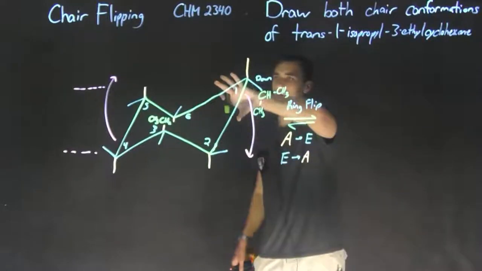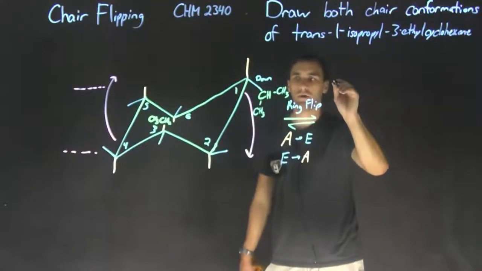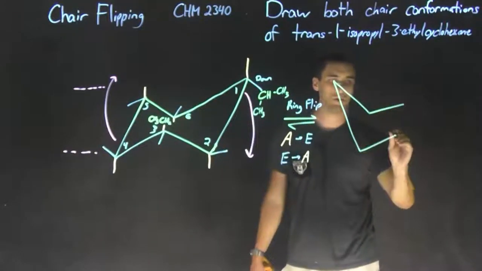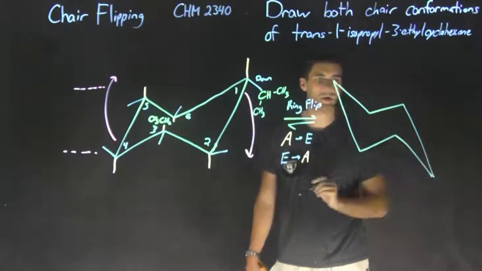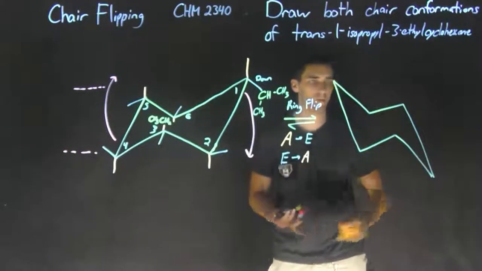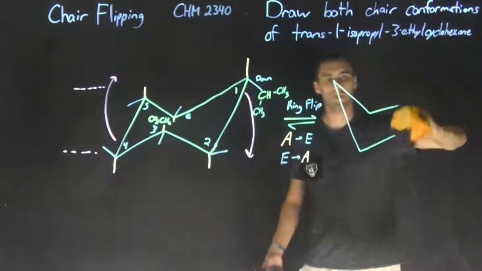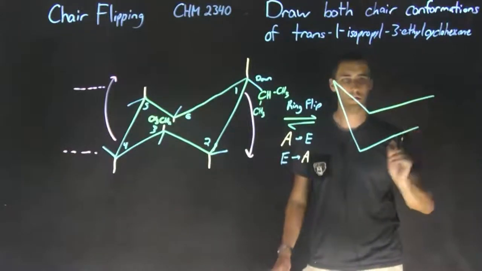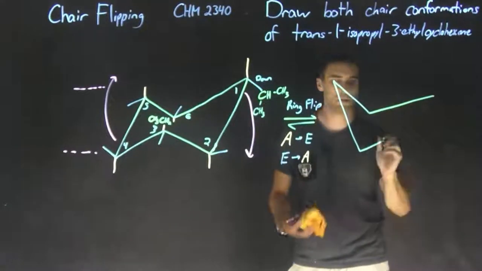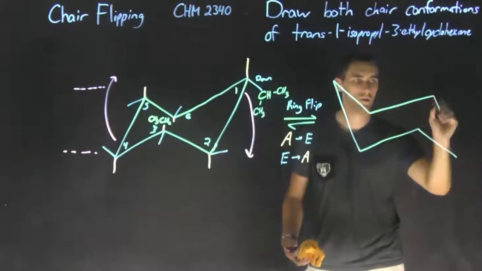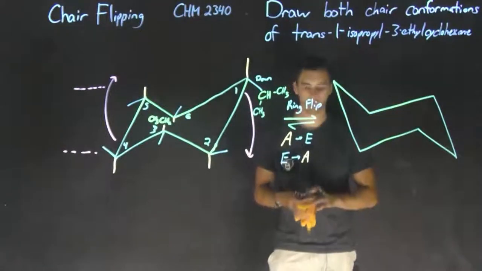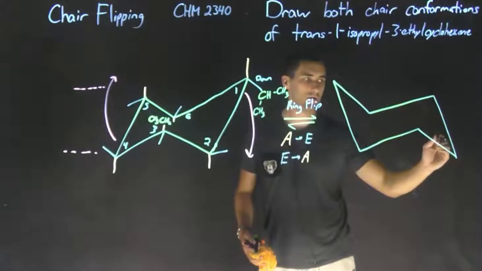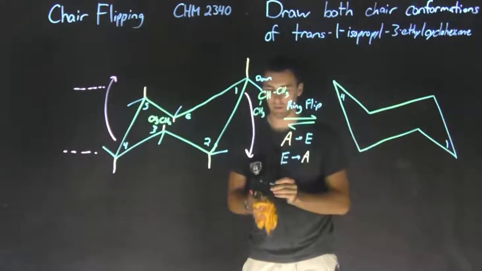That will get you the structure of your ring flip that you want. So we can see that our 1 carbon was pulled down and our 4 was up.